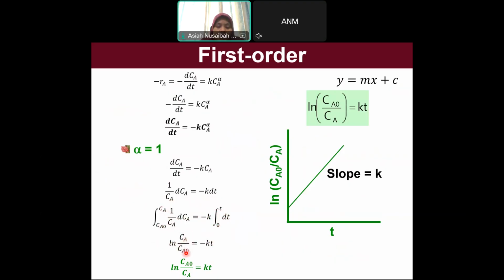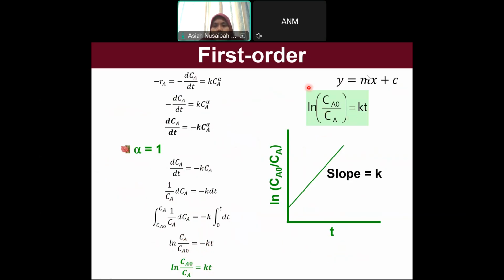Now we have ln CA over CA naught equals minus kt. We can proceed like this, or we can remove the minus. So we transfer the minus from the right to the left. When we transfer, CA naught and CA will switch position. We have ln CA naught over CA equals kt.